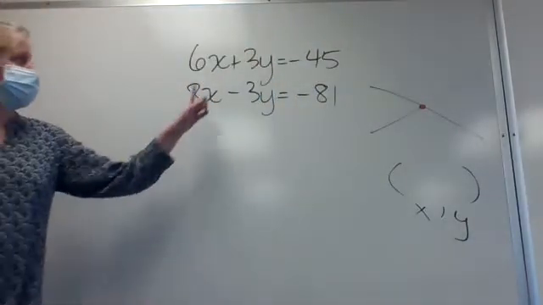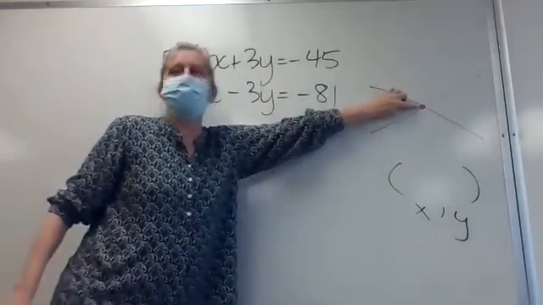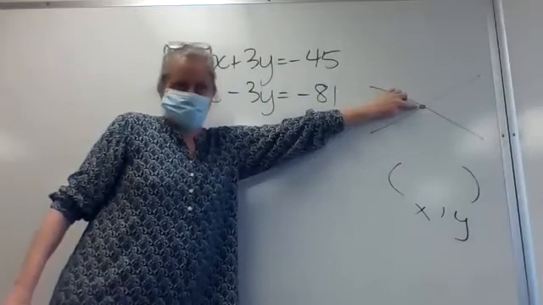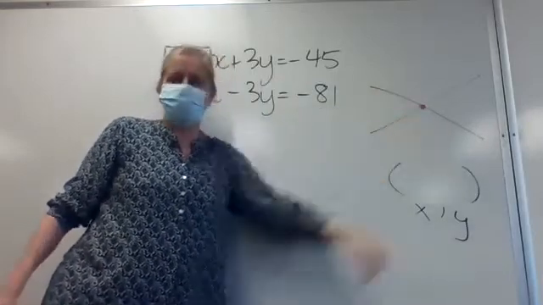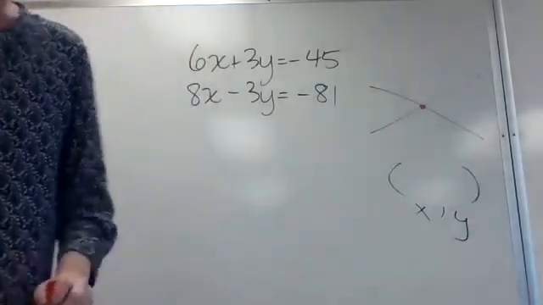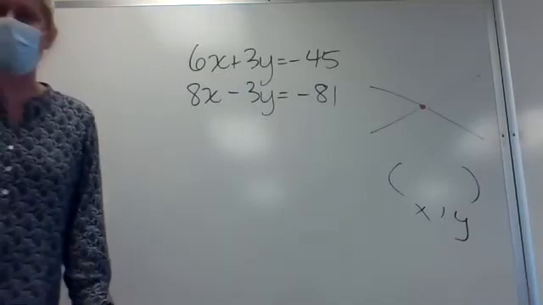Because if the x is the same for both of them and the y is the same for both of them, they're going to have one point that's on both lines, which would be the point where they would intersect. So to find that point, we're going to use what's called the elimination method.